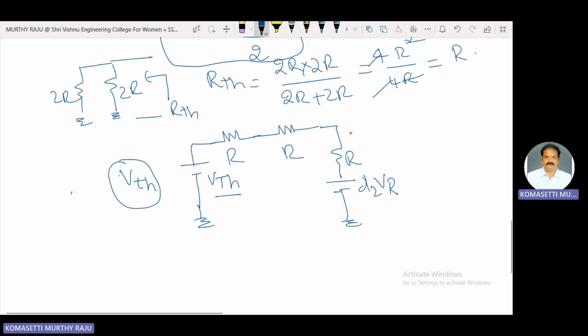Again apply Thevenin's theorem here. Let it be VTH1. Here the node voltage is VTH1. Here the node voltage is VTH. Apply nodal analysis at this point VTH1.